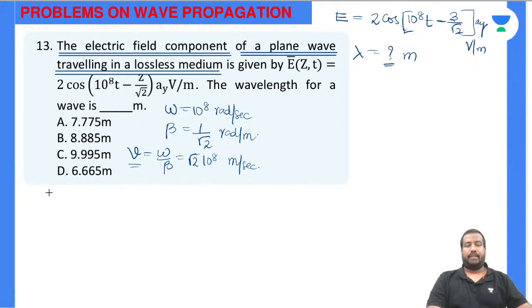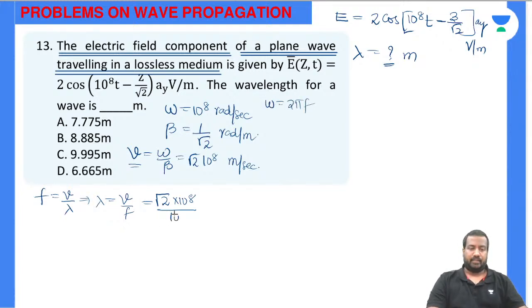I want lambda. F is V by lambda. Lambda is V by F. Root 2 into 10 power 8 by, omega is 2 pi F, so F is omega by 2 pi.